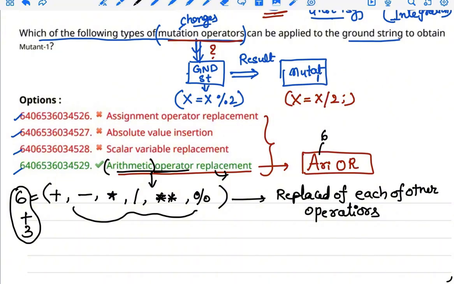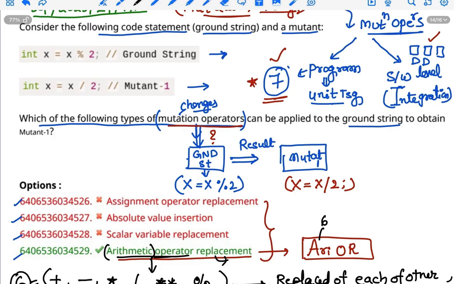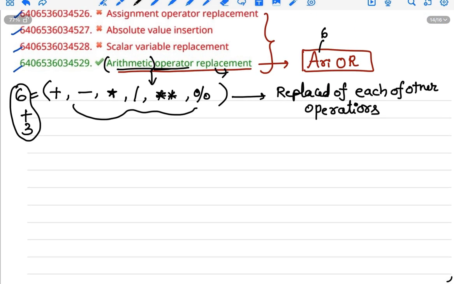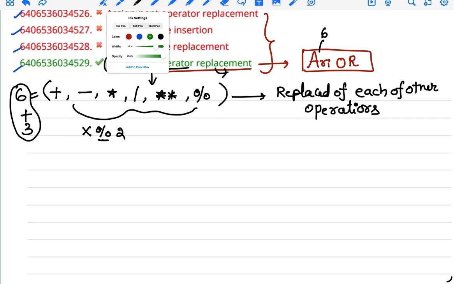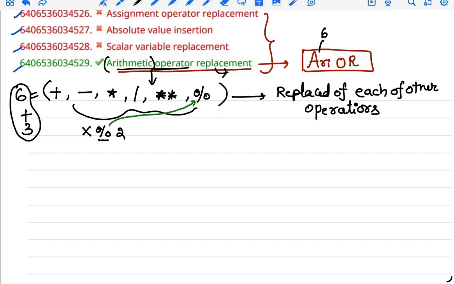So in the question, this is the ground string, x percent 2. The percentage is in arithmetic operators, so this percentage is replaced by each of the other operators. What are the other operators?